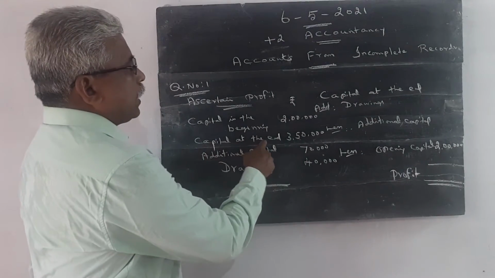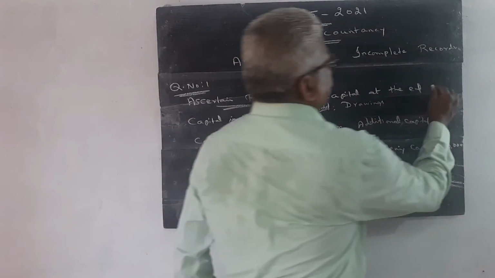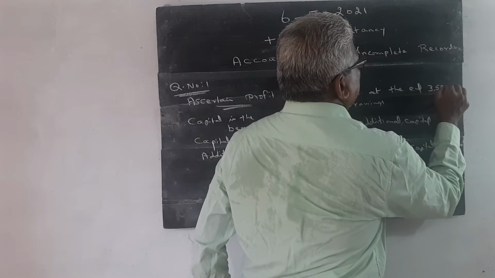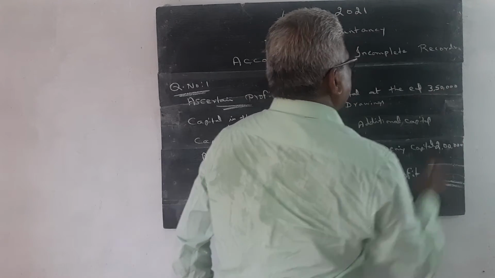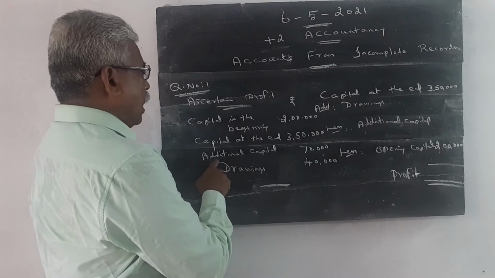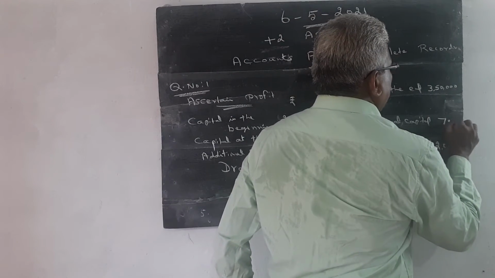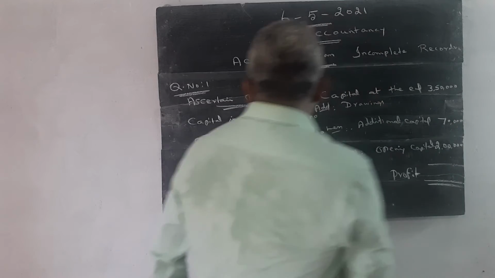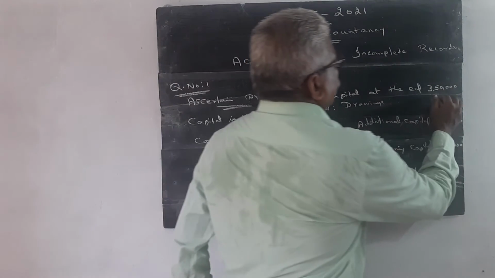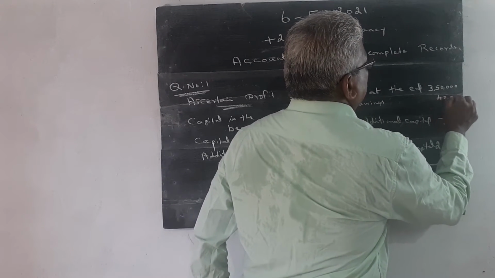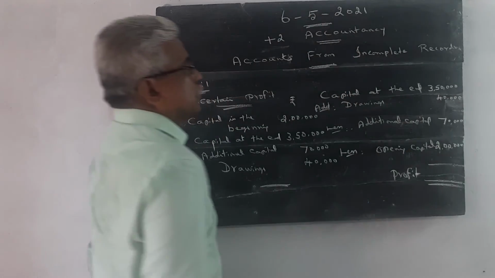Then capital at the end is 3,50,000. Then additional capital 70,000. Then drawings 40,000. We just fill up these columns.